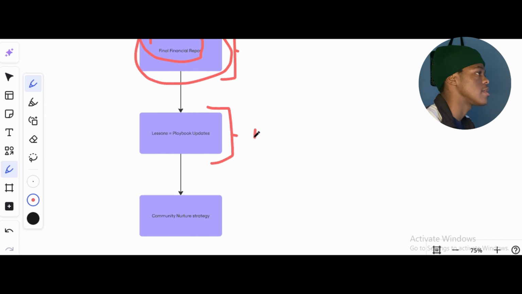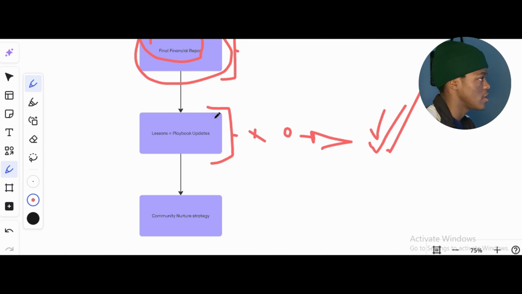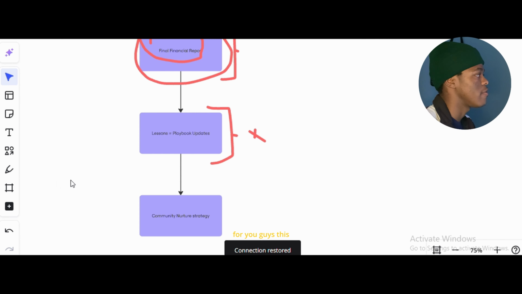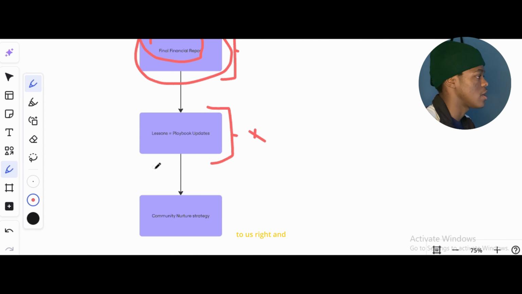We try to multiply the good, and we take the bad and turn it into a sort of formula so that our next event is better than the last. This is where we update our playbook, making sure that each event continuously is better than the other, making sure we bring better guests, making sure that we bring better people for you guys. This is what matters to us, right?